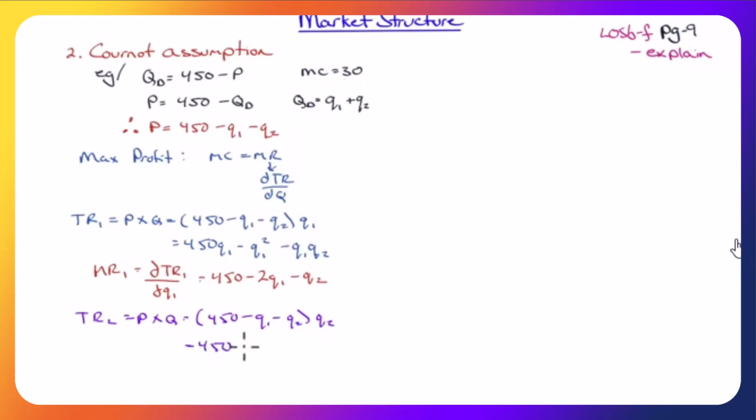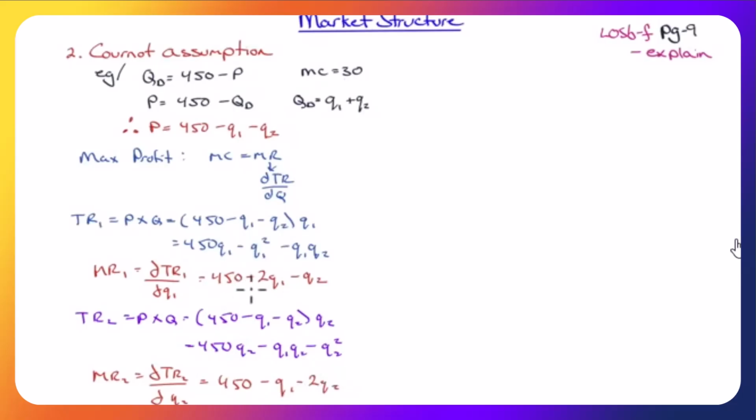So 450 Q2 minus Q1 Q2 minus Q2 squared. Our marginal revenue curve 2, again, we're dealing with partial derivatives with respect to Q2, will be 450 minus Q1 minus 2Q2.